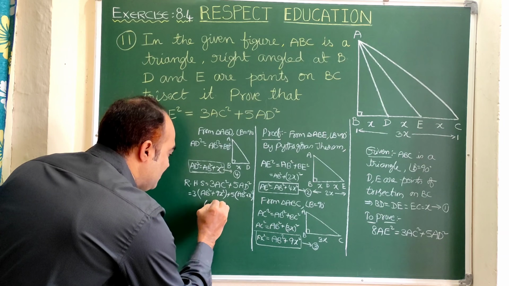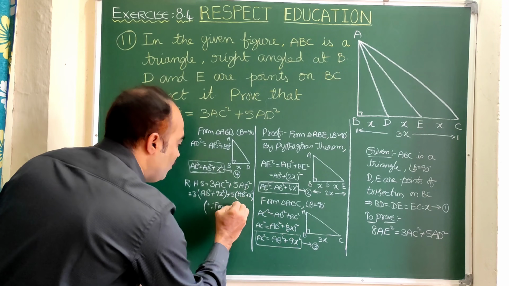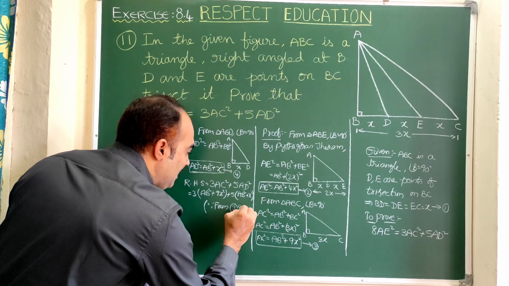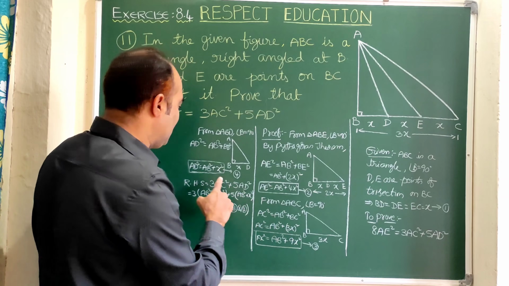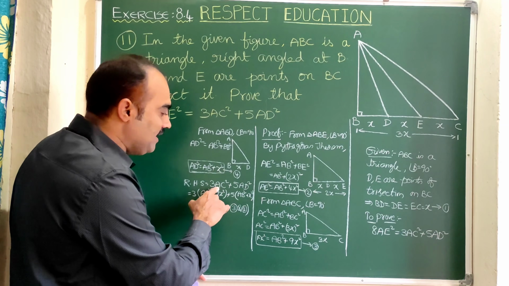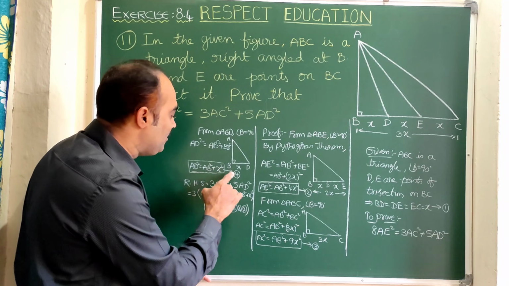Here I have written these using equations 3 and 4. Using the third equation and fourth equation, I replaced AC square with AB square plus 9x square and AD square with AB square plus x square.